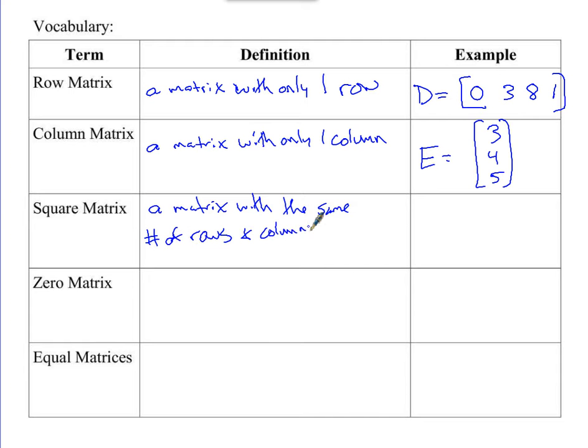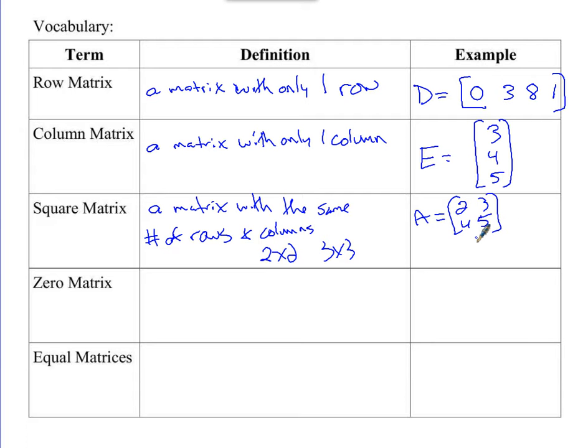So that would be like 2 by 2, 3 by 3, 10 by 10, and so on. I'll give you an example of that. I have matrix A equals 2, 3, 4, 5 maybe. And then that would be a square matrix.